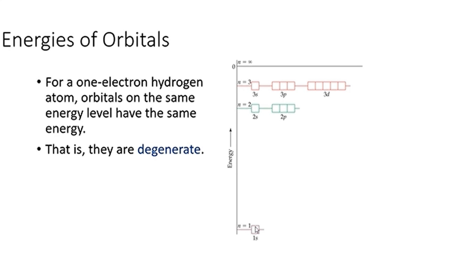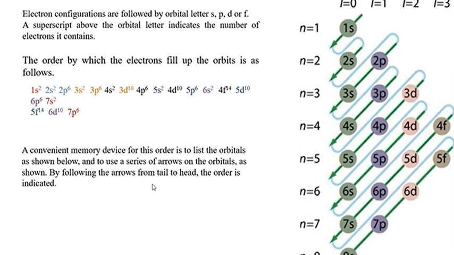If you take the 1s orbital, as an example, hydrogen has atomic number 1, so you have only an s orbital, right? If you have atomic number 2, you have 2 electrons in the orbital, like here.